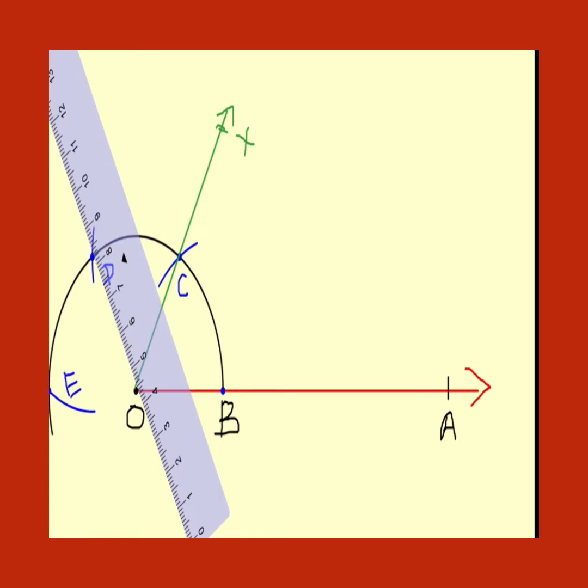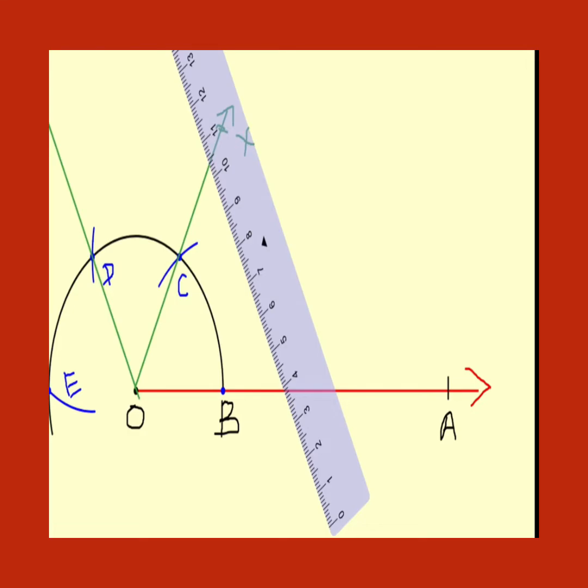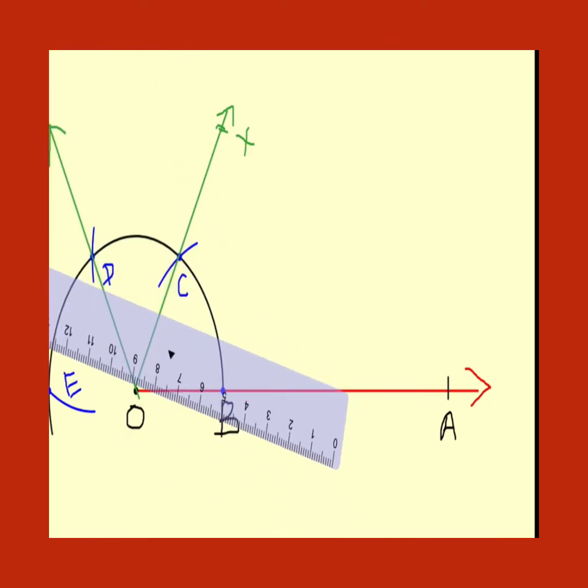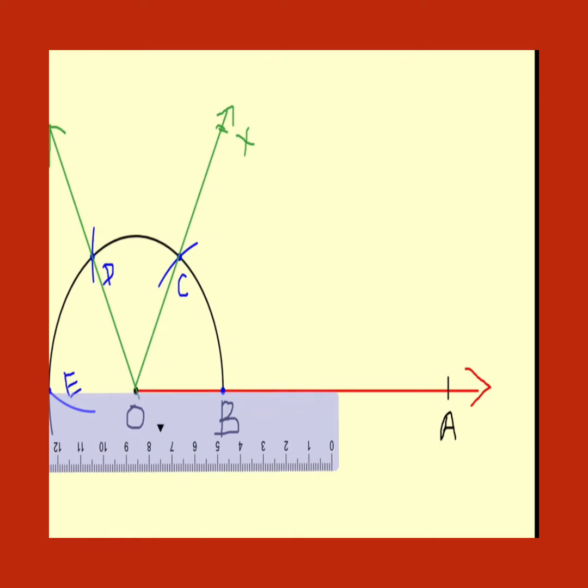Now you will draw a ray as you see, and if you join O to E, then you will get an angle of 180 degree with the help of the ruler. So you can see that this is a straight line.